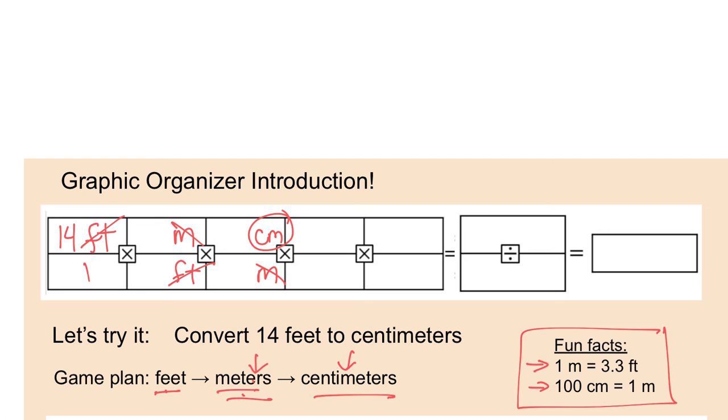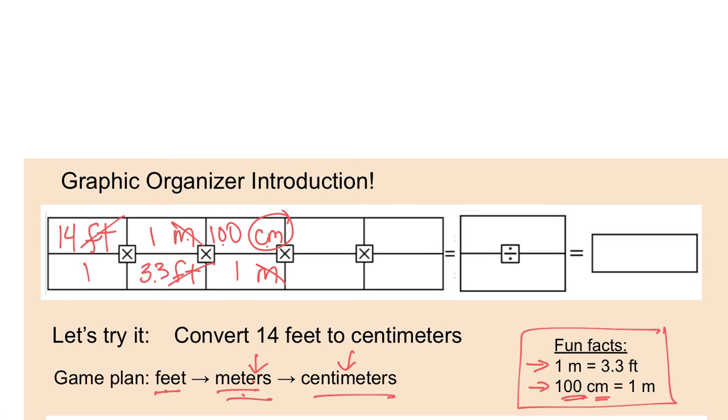All right. Now, to finish the problem, we look at our fun facts and just match up the letters with the numbers. In this first one, it says 1 m equals 3.3 feet. So I find my m and put a 1 in front, and I find my feet, and it's 3.3, because 1 meter equals 3.3 feet. For meters and centimeters, you can see there's 100 in front of centimeter. So I put the 100 next to my centimeter and a 1 next to my meter.